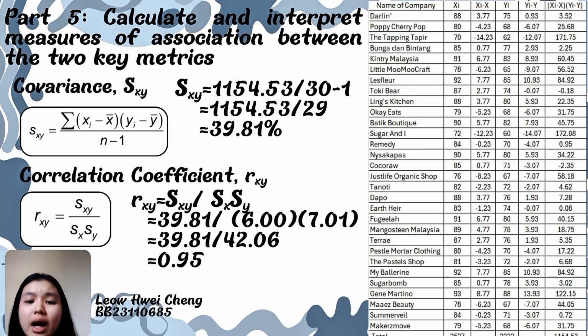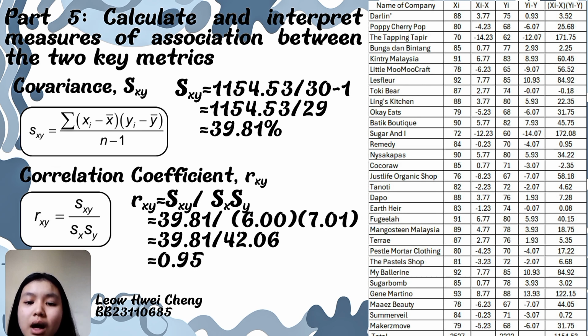This shows that there is a very strong positive relationship between customer satisfaction and customer retention. This means that companies with higher satisfaction scores are more likely to retain customers.